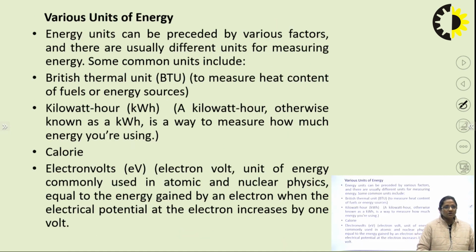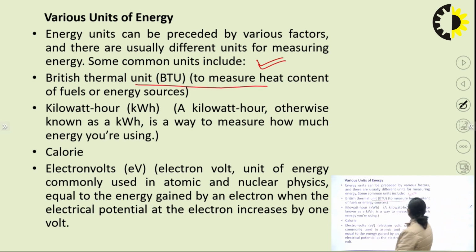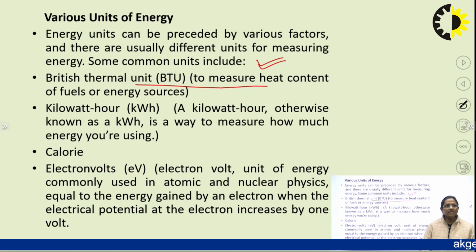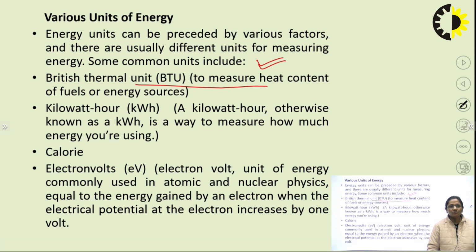1 large calorie is equal to 1000 small calories. Various other units of energy are: the units can be preceded by various factors and there are usually different units for measuring energy. Some common units include the British Thermal Unit or BTU to measure heat content of fuels or the energy sources. kWh or kilowatt hour.